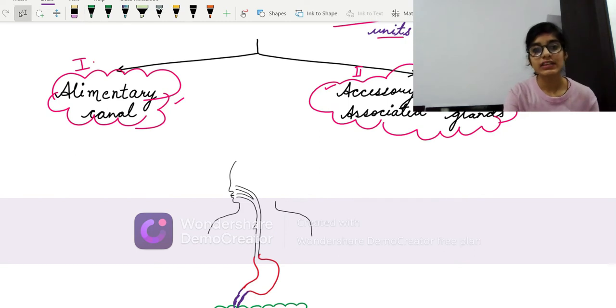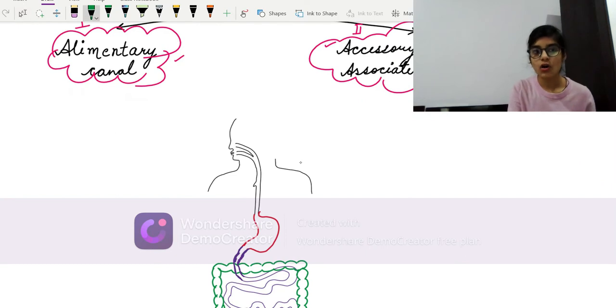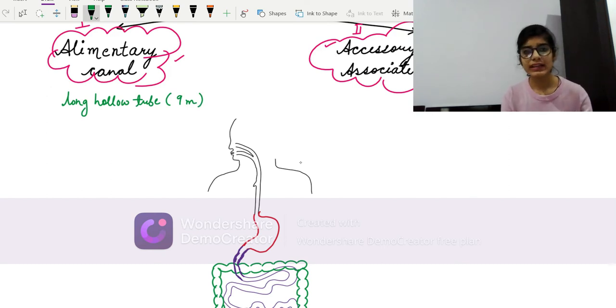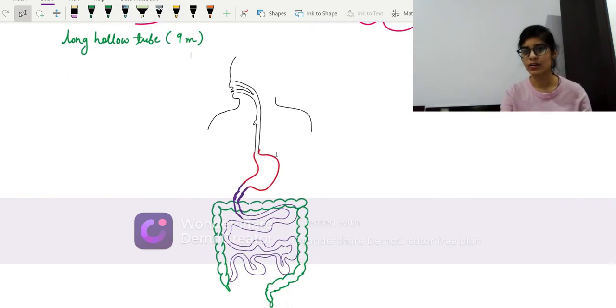So the alimentary canal, what is it? This alimentary canal is a long hollow tube-like structure, and its length is approximately 9 meters. So you can imagine, if we look at our height, as I am an adult and you are a child, this is the mouth, right?